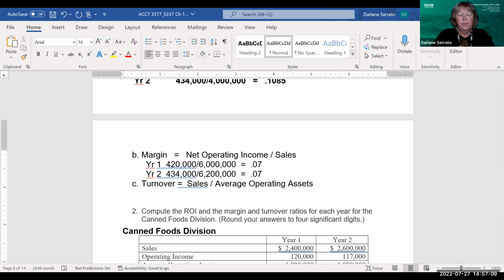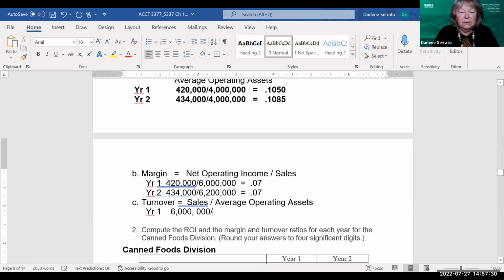Turnover, year 1, sales are 6 million, divided by average operating assets, that was 4 million, stayed the same each year. That's going to give us 1.50.